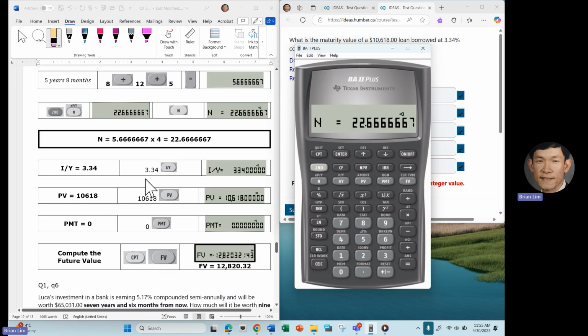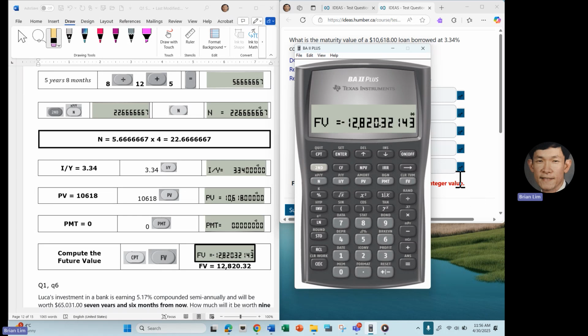Now we go to the interest rate, 3.34, and we click the interest there. 10,618 is the present value. 0 for the payment. And then we compute the future value. We compute future value, and there is the answer.